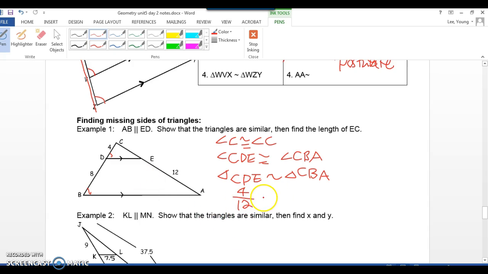Equals. Do we know the length of CE? That's going to be X. And we know that EA is 12. So we can set it up as X over X plus 12. Now you need to solve the proportion. Pause the video, solve the proportion, please.